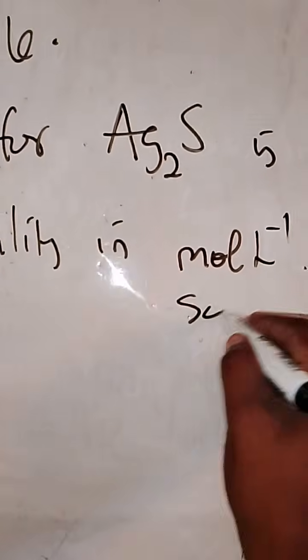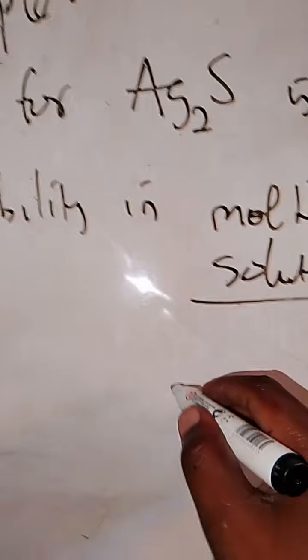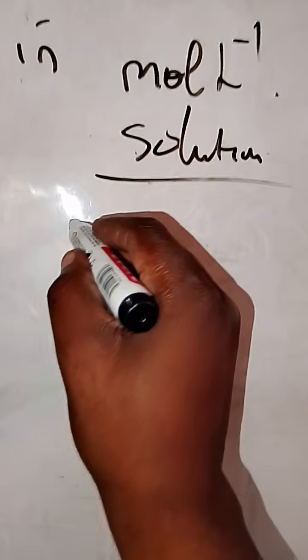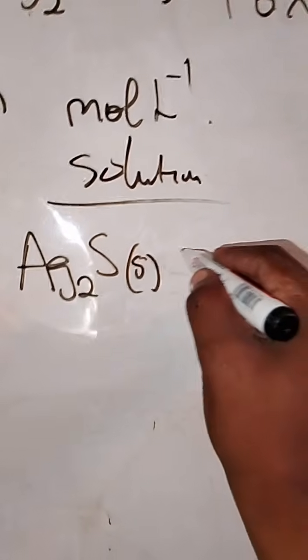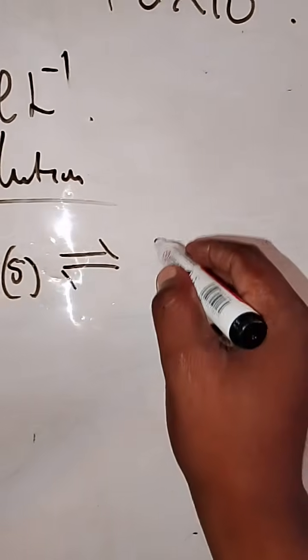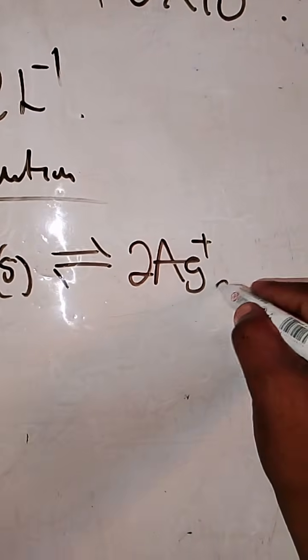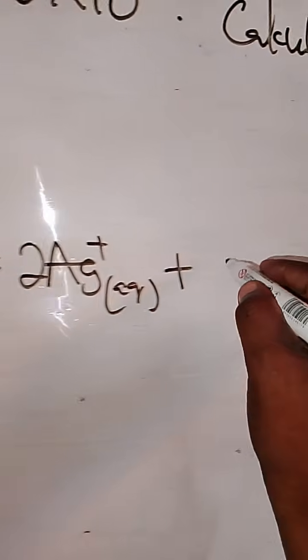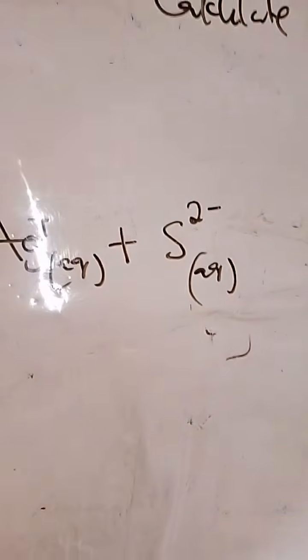Okay, so we do the same thing. First of all, we write the dissociation equation. We have silver sulfide solid, which forms silver ion aqueous, Ag+ (2 of them), plus sulfide aqueous.